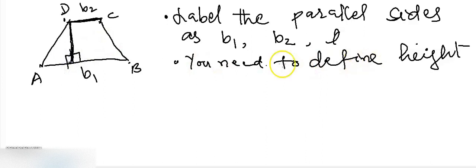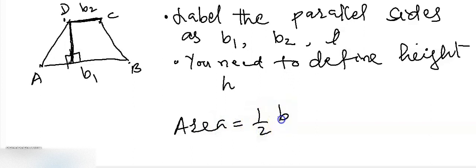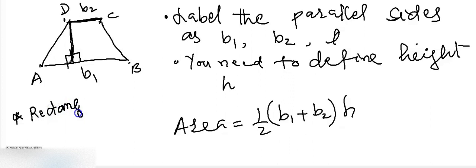That is going to be your height, which we call h. So area becomes 1 over 2 times (base 1 plus base 2) into height, which is quite similar to the triangle case as well.